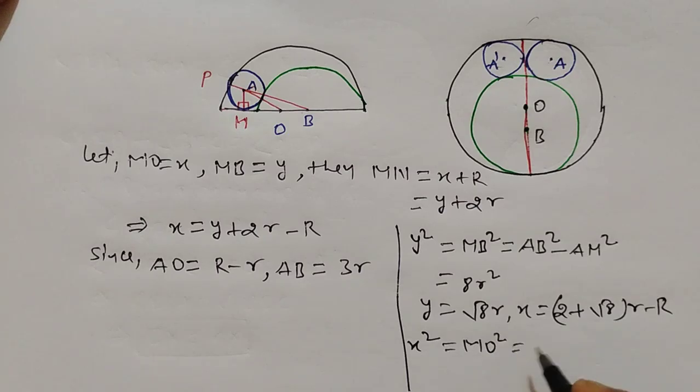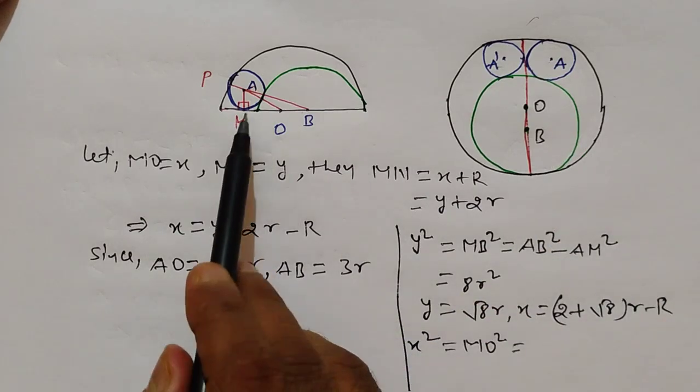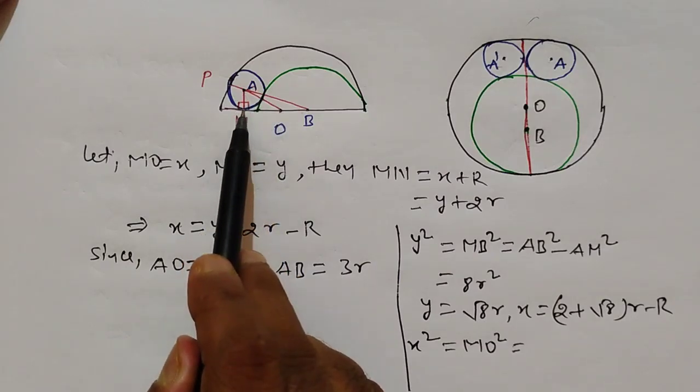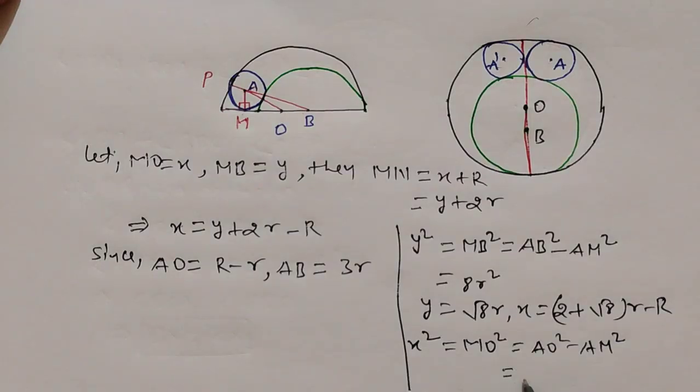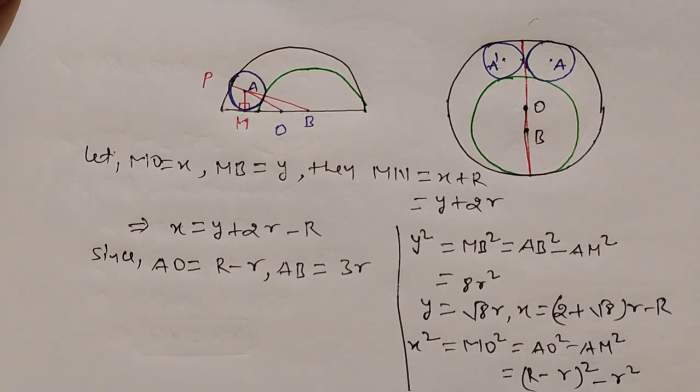This is equal to AO squared minus AM squared, and this is equal to R minus r, the difference of the radii of the big circle and small circle, whole squared, minus r squared, and this is equal to R squared minus 2Rr.